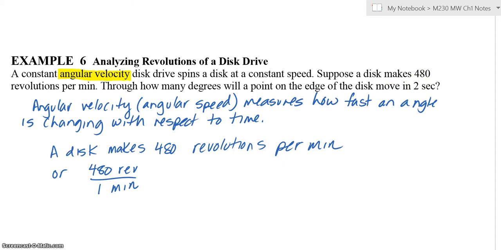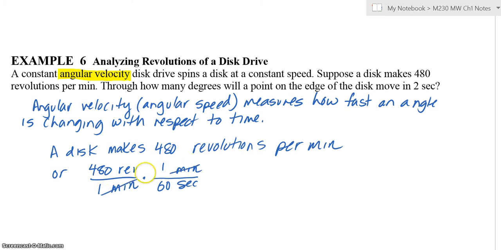So, what are we going to do? Let's get this first in revolutions per second. So we know we can change the units here to minutes and seconds. There happen to be 60 seconds in a minute.